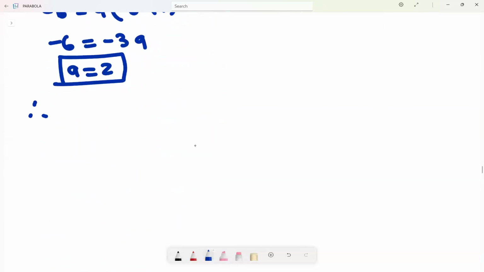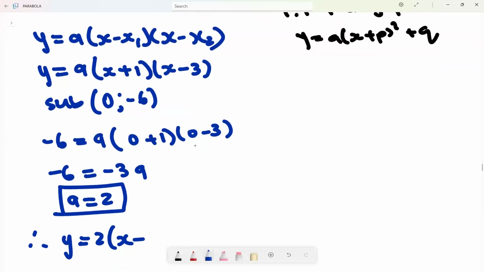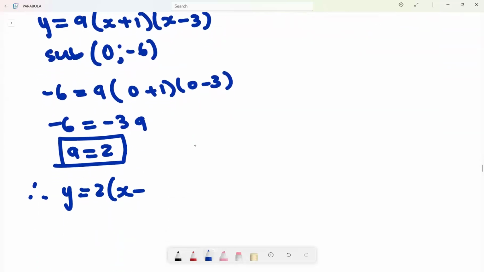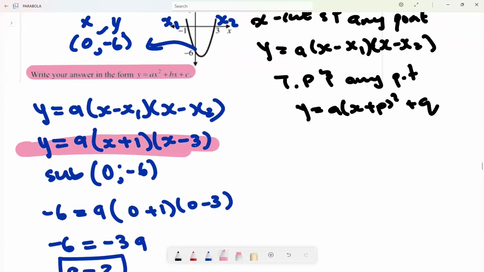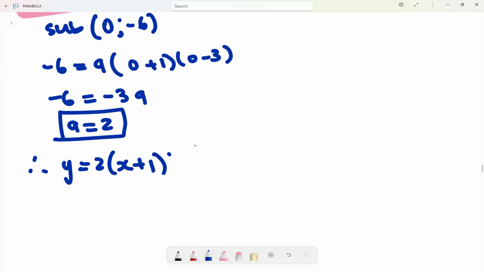If a is equal to 2, therefore the equation, you don't want it in terms of y, okay? Therefore, y is equal to 2 into (x plus 1) again. You need to always come back here after finding the value of a. You come back here, (x plus 1) into (x minus 3).